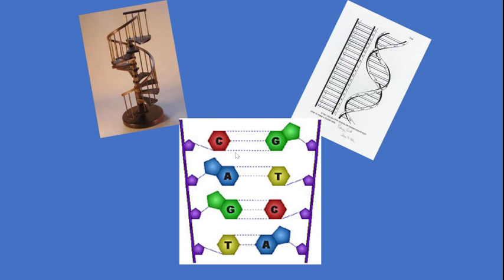So if you notice, it doesn't really matter which one is to the left or the right, because C can be on the left or the right, and same thing for a T. So it doesn't matter which side of the molecule it's on. A is always going to pair with T, and C is always going to pair with G when we are referencing our DNA molecule.